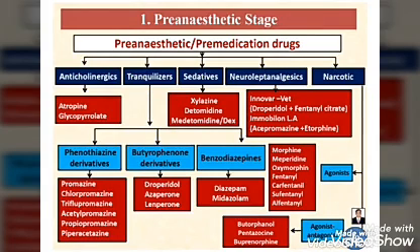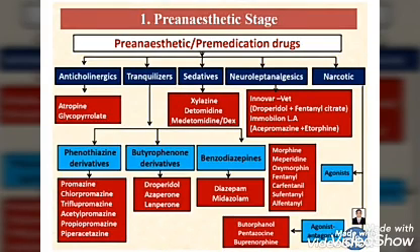There are a number of advantages to using pre-anesthetic drugs. The selection of pre-anesthetic drugs depends upon which type of surgery you want to perform. Then the duration of the procedure, meaning the length of the operation, is also considered.